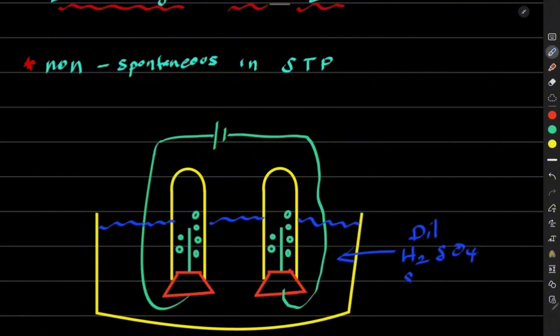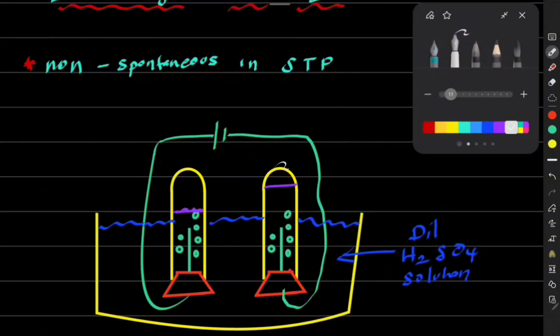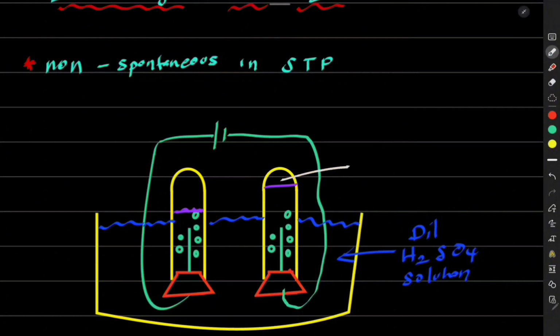Here O2 gas will be produced, and here it will be H2 gas. And these are boiling tubes, and this is a stopper.